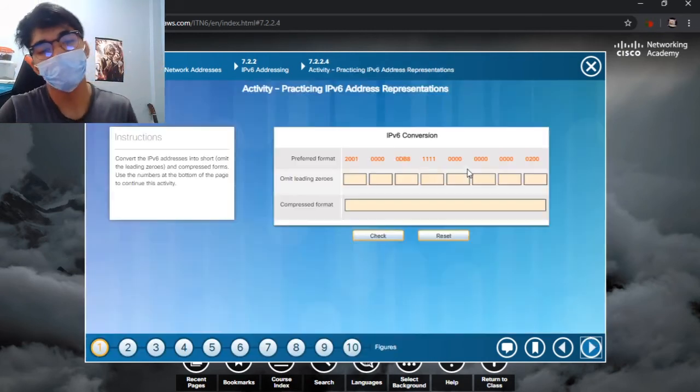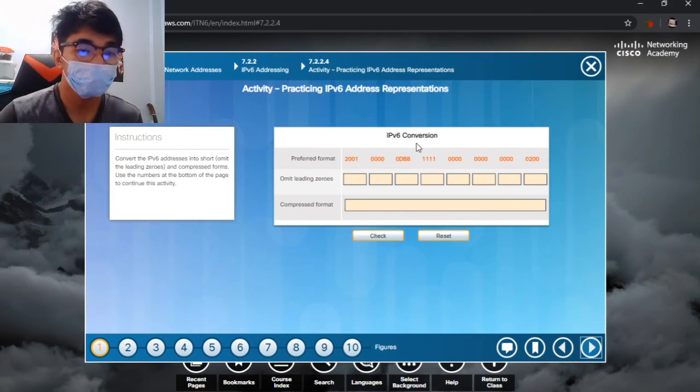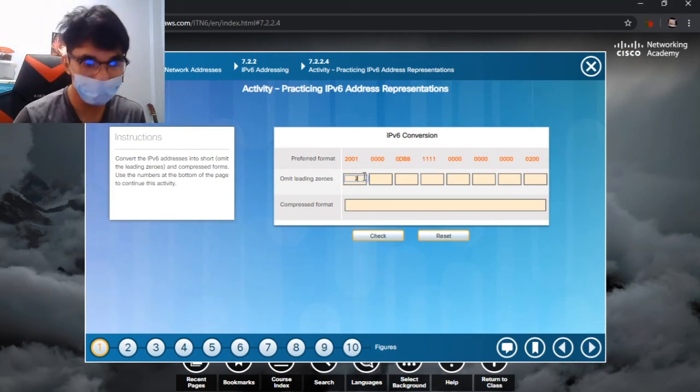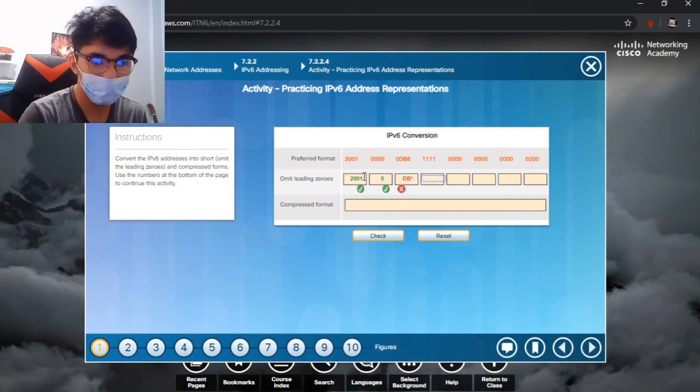As you can see here, omit the leading zeros: that would be 2001, 0DB8, then 1111, then 0000, then 0200. Sorry, it would be DB8, not BB.